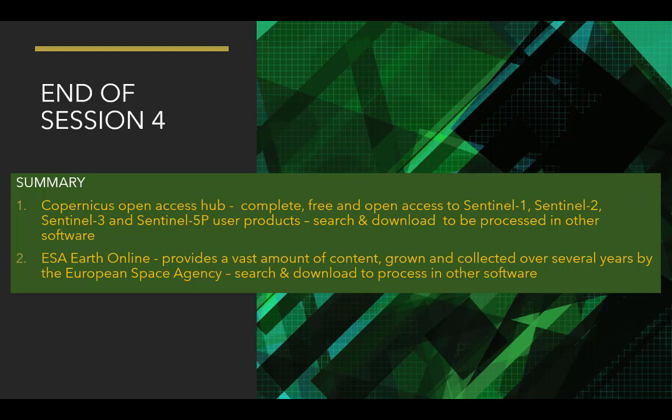We have looked at the Copernicus Open Access Hub, where you have free access to Sentinel datasets, and we have also looked at the European Space Agency Earth Online website, where you also have access to search and download many different data, not only limited to the European Earth observation missions; Earth observation datasets from other space agencies can also be accessed there.